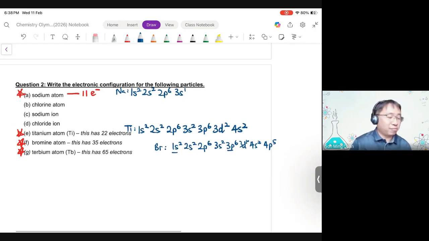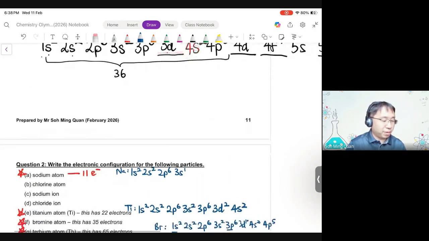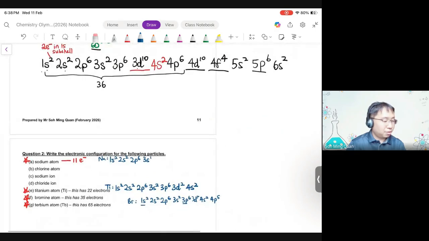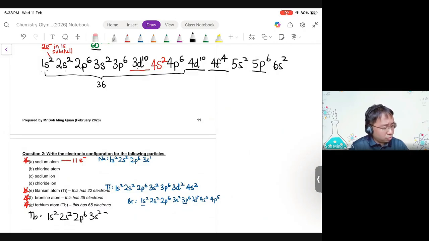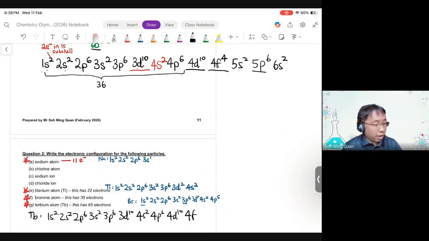Terbium is the only one that's really difficult. I'm going to copy my previous page. Terbium shall be 1s2, 2s2, 2p6, 3s2, 3p6, 3d10, 4s2, 4p6, 4d10, 4f9, 5s2, 5p6, 6s2.